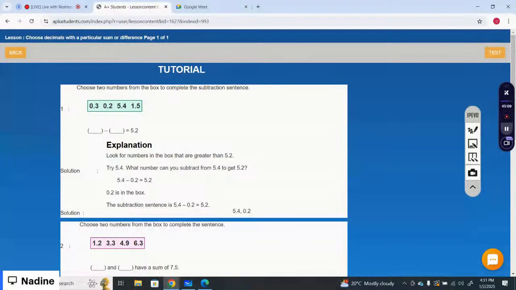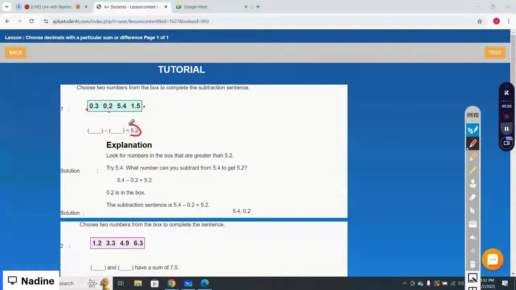Choose two numbers from the box to complete the subtractions. You have to complete the subtraction sentence. For example, here the difference of two numbers is 5.2. The difference of the two numbers must be 5.2, right? The numbers are 0.3, 0.2, 5.4 and 1.5, right? You have to find two numbers that when subtracted have the difference 5.2.